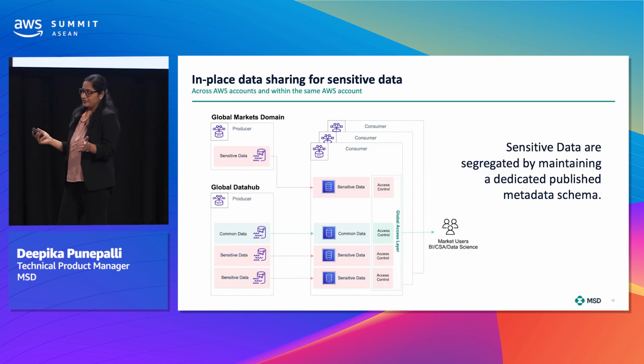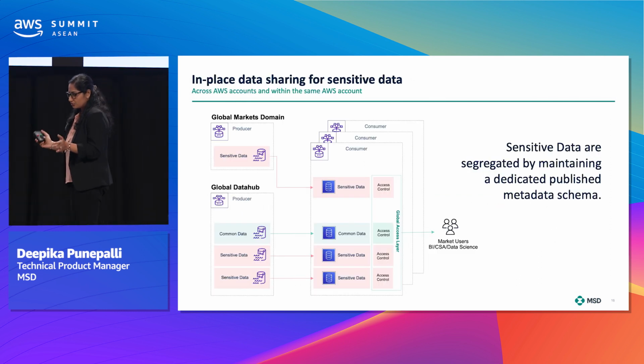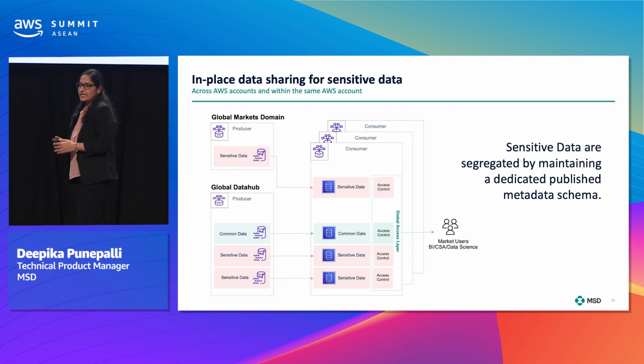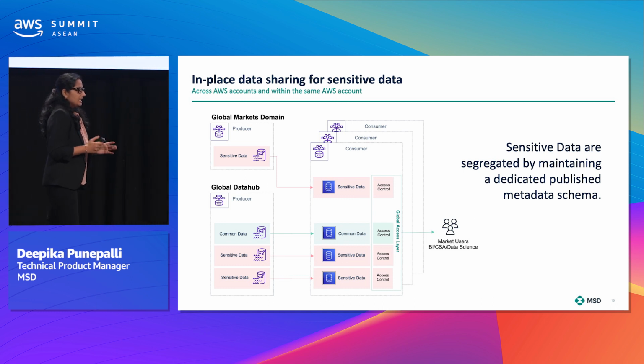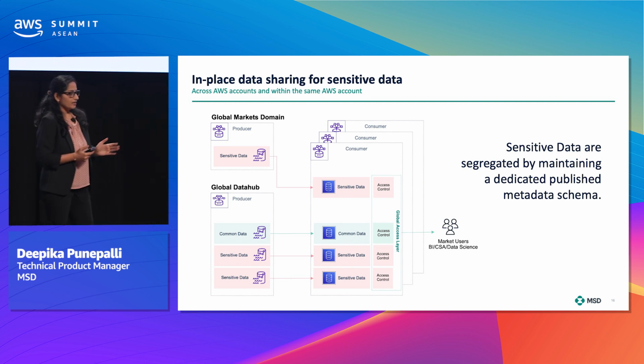Now, Amazon Redshift data sharing also allowed us to do in-place data sharing. We have used it for enhanced data management for sensitive and common data sets. To meet compliance with regulation, we segregate the sensitive data by creating published metadata schemas governed by the security policies for access control. These security policies are configured within the global access layer, which we call the GAL layer.